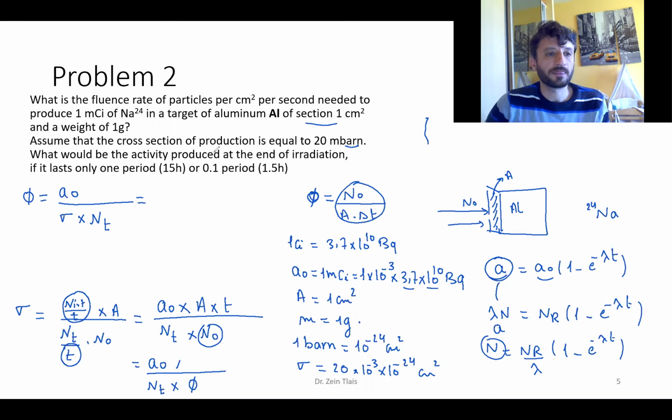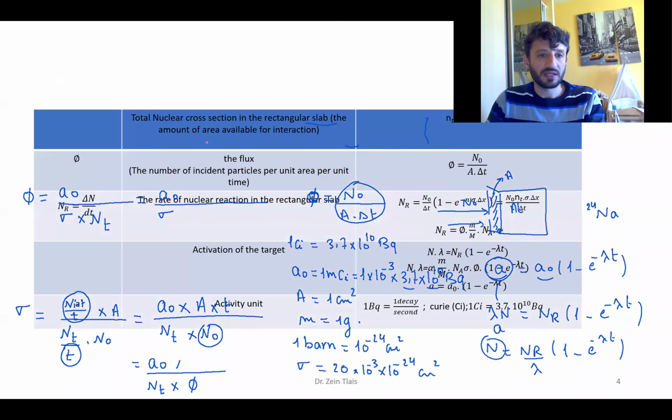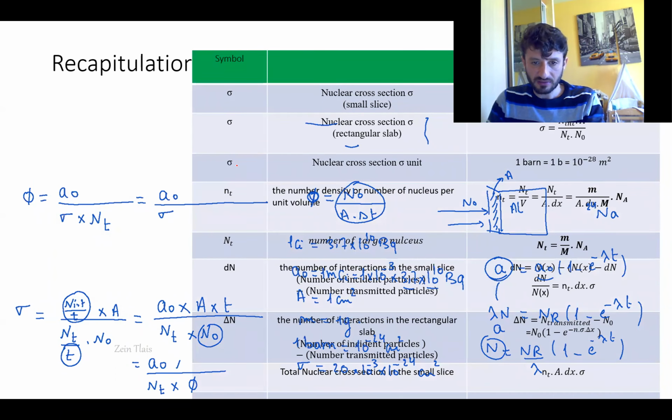We have A0 and sigma, we also have its value, but n target, if you come back also to the table, we can calculate n target.